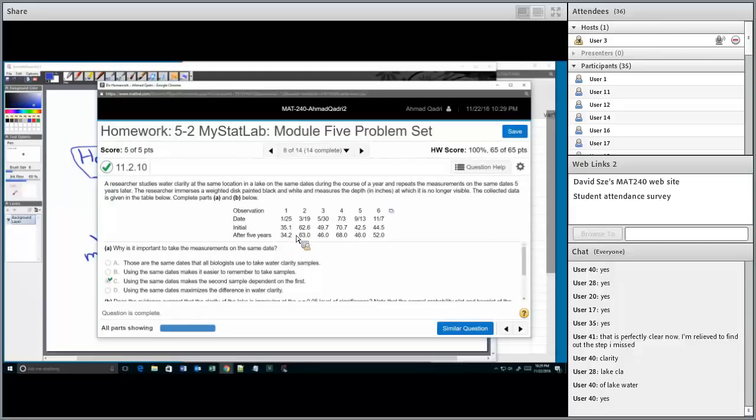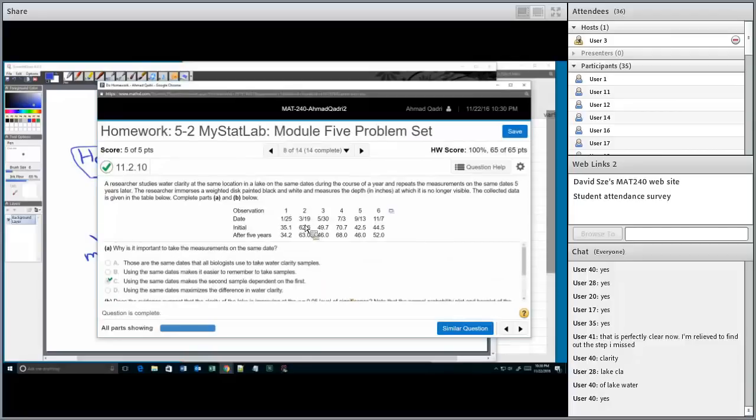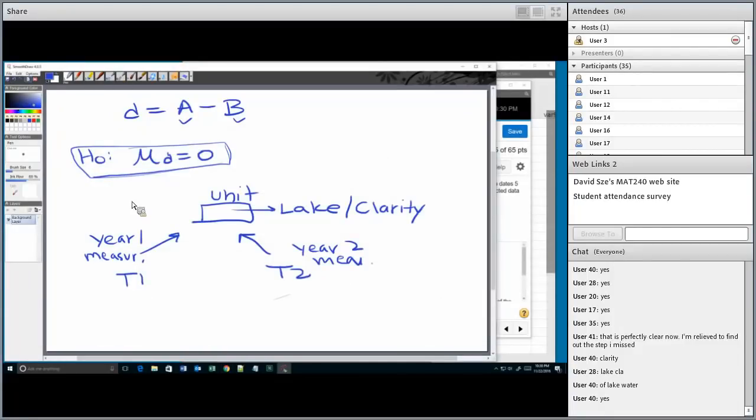So this makes it matched pair. Why is it important to take measurements on the same date? Because using the same date makes the second sample dependent on the first, and it also makes it matched pair. Does the evidence suggest that the clarity of the lake is improving? Okay, so this is important.